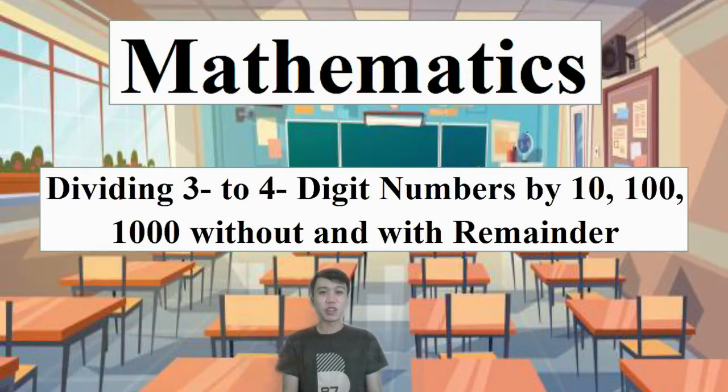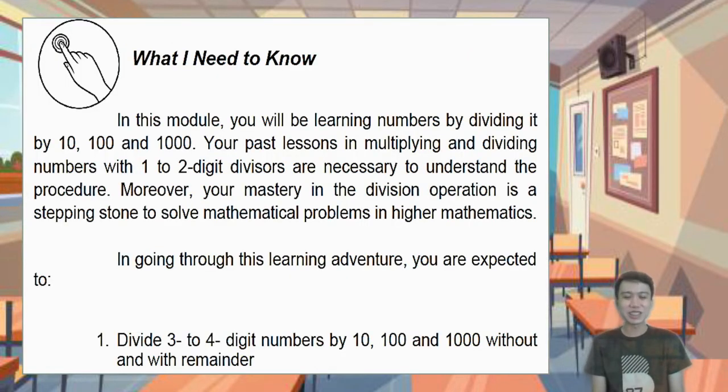Good day learners! Welcome to mathematics class. We are now in dividing 3 to 4 digit numbers by 10, 100, and 1,000 without and with remainder. What I need to know. In this module, you will be learning numbers by dividing it by 10, 100, and 1,000.